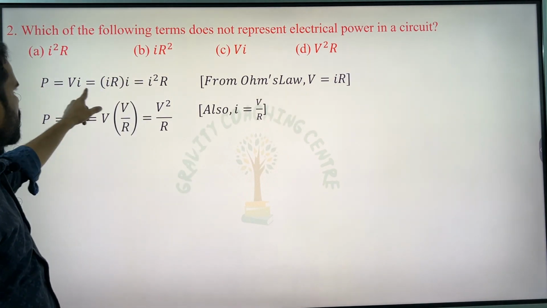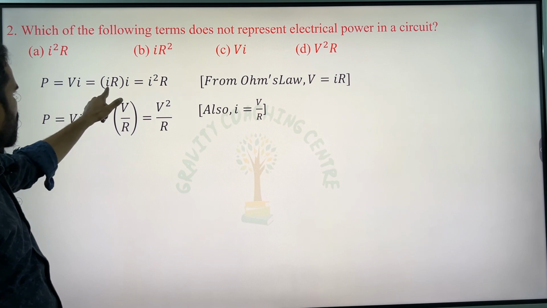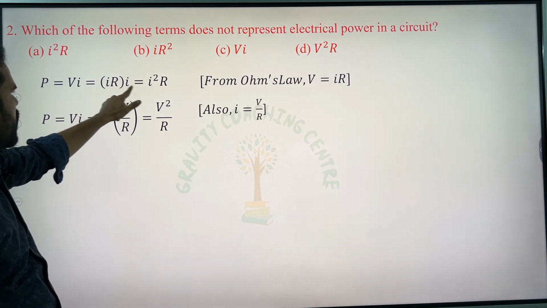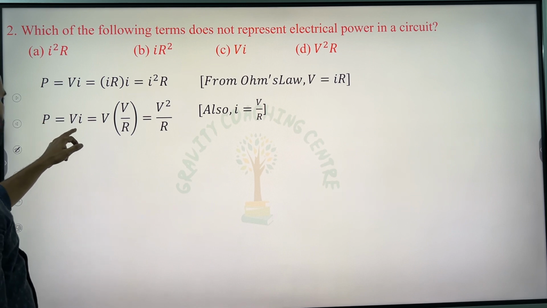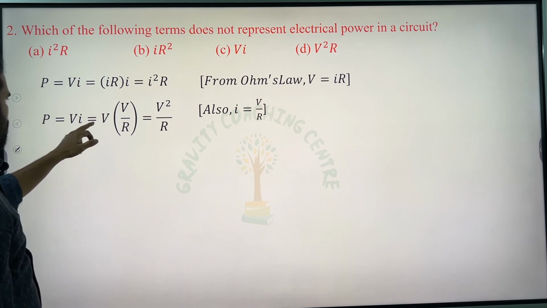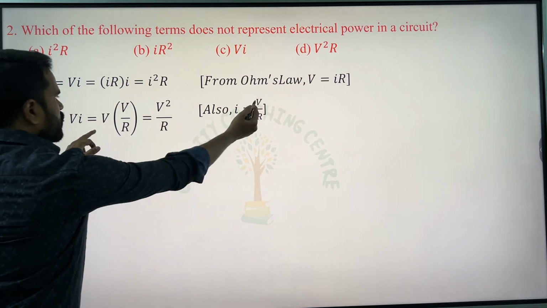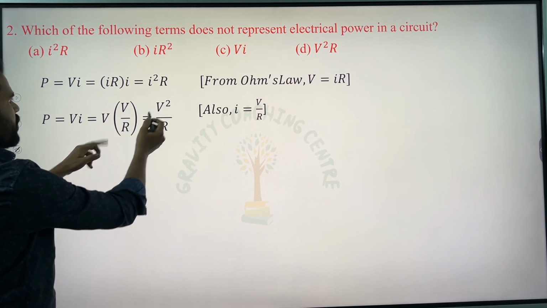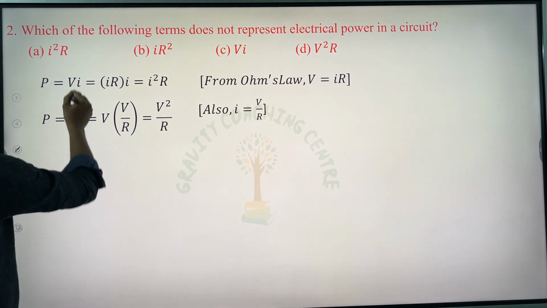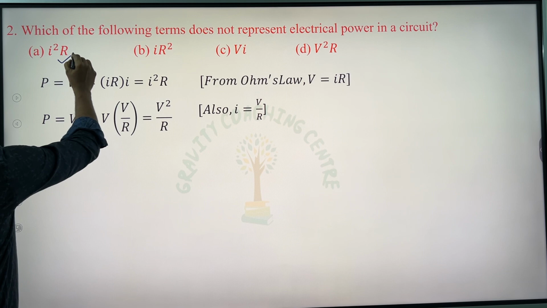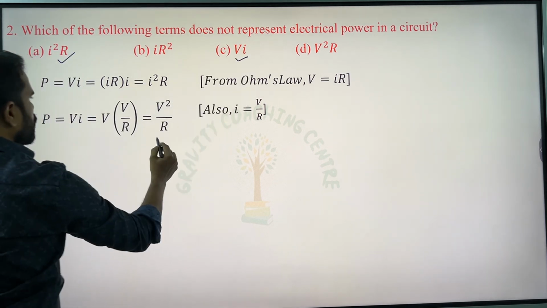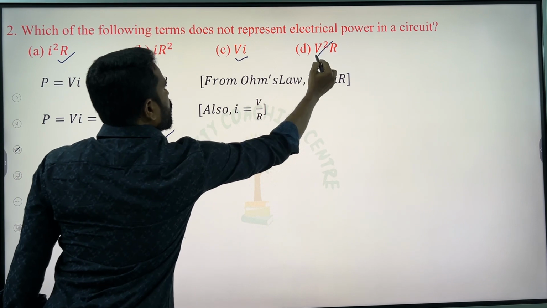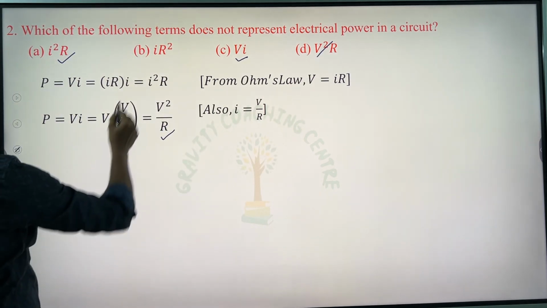So instead of V, I can put IR into I. I into I is I square R. Now P equal to VI. Instead of I, I can put V by R. V into V, V square by R. So totally we have got the I square R formula, the VI formula, and the V square by R formula.